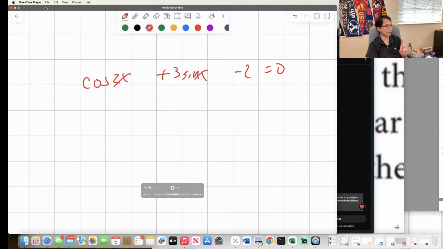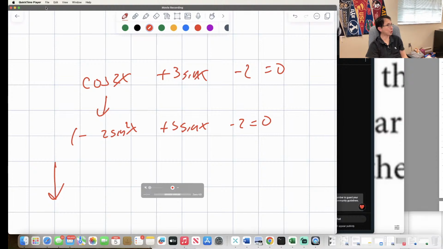There are 3 options. One of them is a good option, the other 2 are bad options. You're going to change this to 1 minus 2 sine squared of x, plus 3 sine of x minus 2, and then you should be able to factor this and finish the rest. I'm not going to finish it, but you know how to start it.